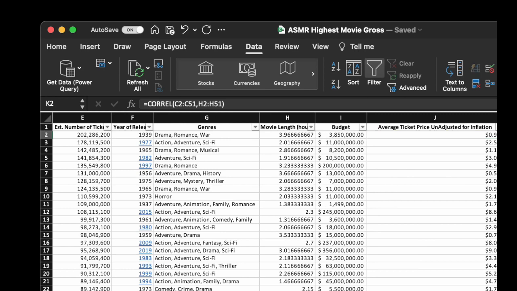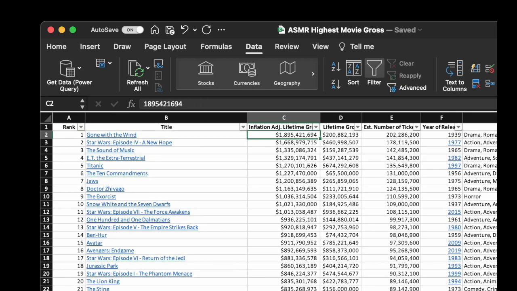Then I did some correlation checks, but we'll get to those later. So the number one ranked film is Gone with the Wind. It had an inflation-adjusted lifetime gross of $1,895,421,694 US dollars. Estimated number of tickets sold, 202,286,200. It was released in 1939.